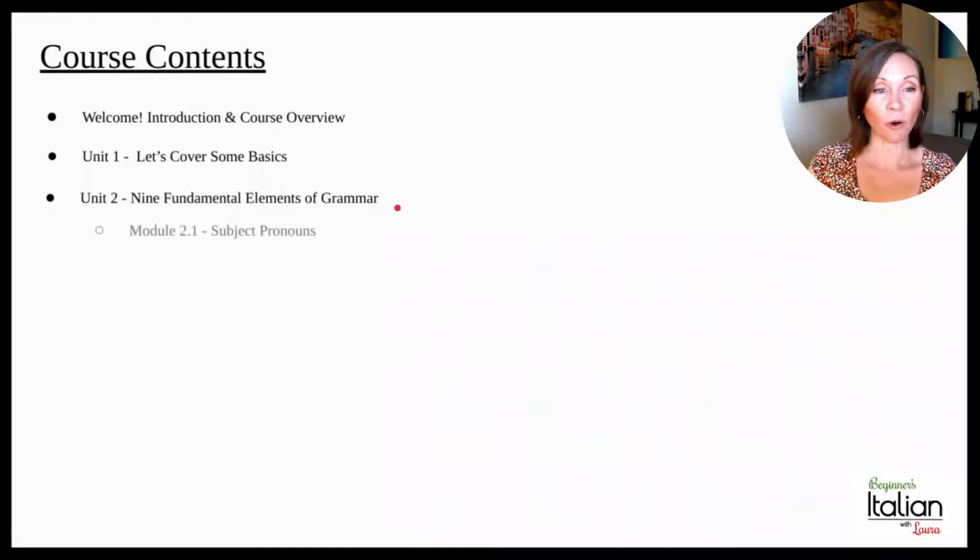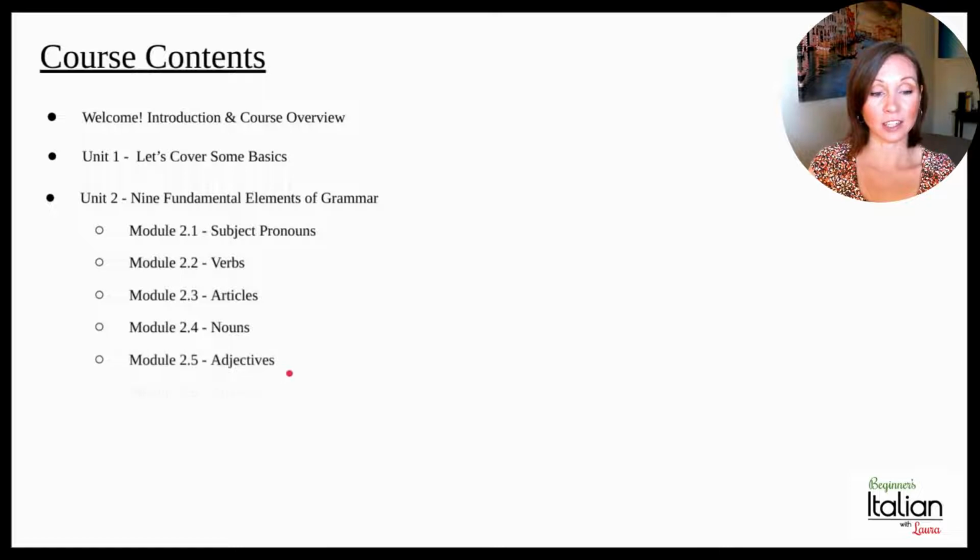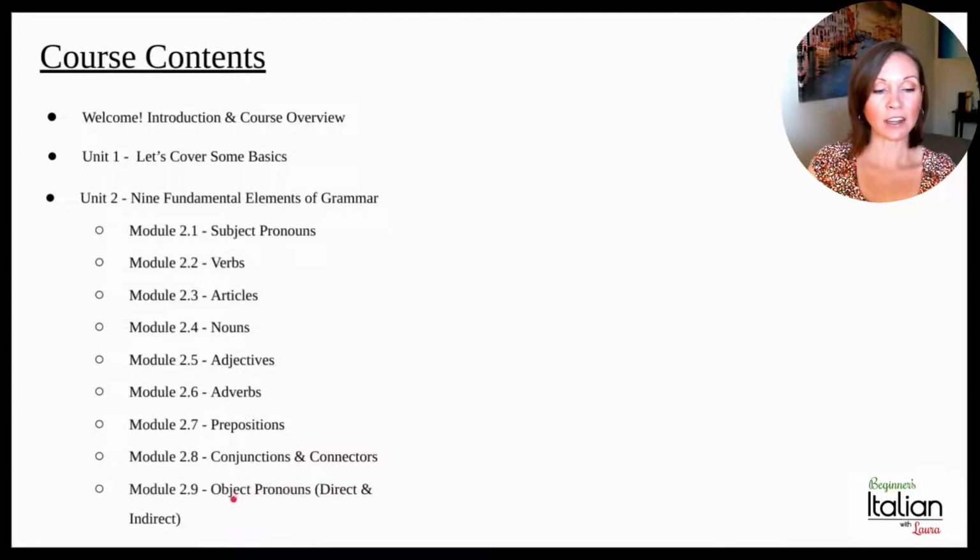Okay, and now I've organized it into a module for each of the 9 categories. So Module 2.1, we have subject pronouns, and then verbs, articles, nouns, adjectives, adverbs, prepositions, conjunctions and connectors, and finally object pronouns, both direct and indirect.